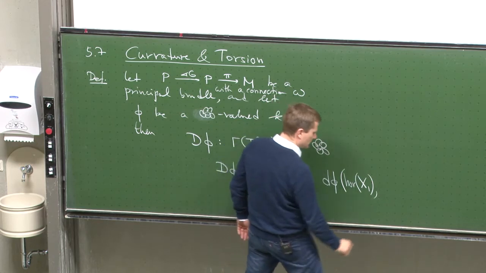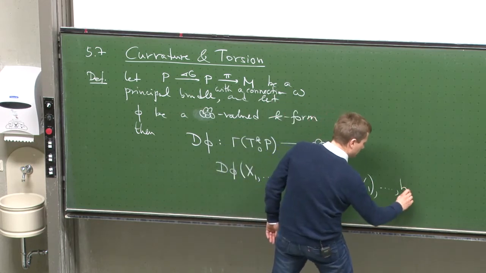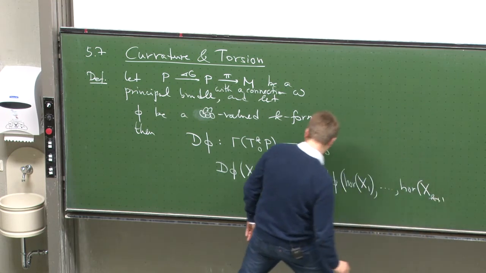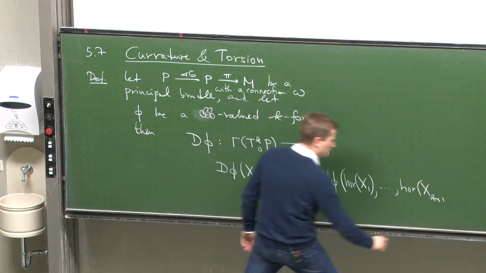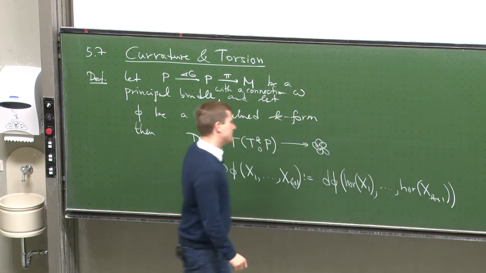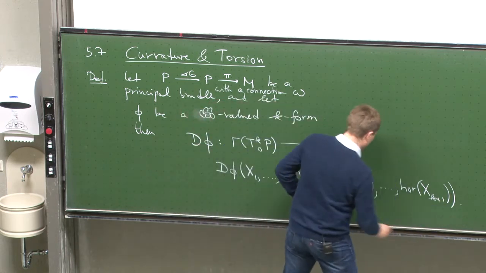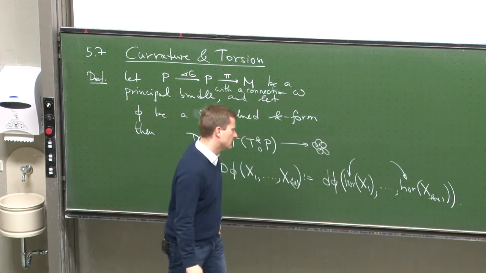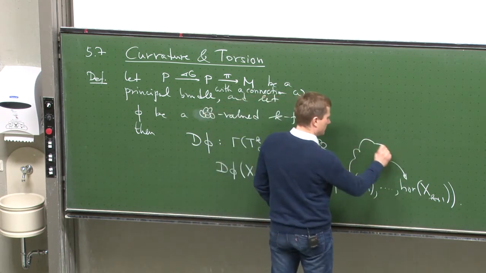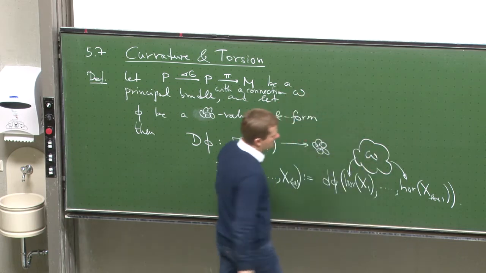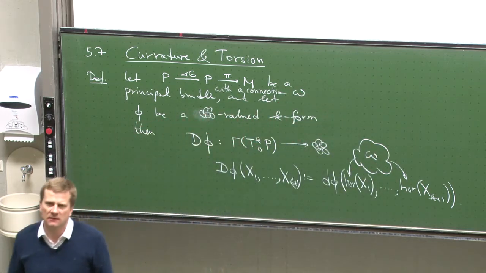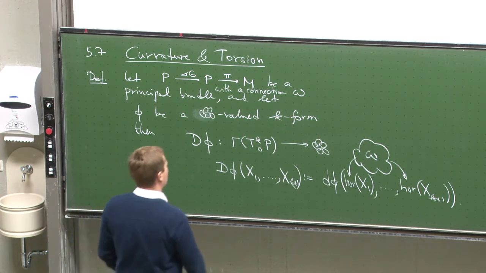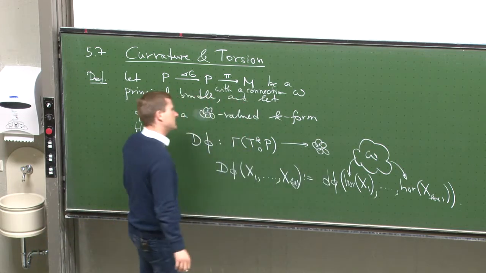So this is the horizontal part of x1 up to the horizontal part of xk plus 1. Here must say k plus 1, k plus 1. And that's it. And of course, you remember that in the definition of this horizontal projection, the connection one form makes its appearance. All right? So that is the covariant bit of the covariant derivative.